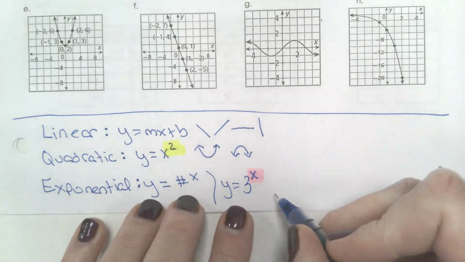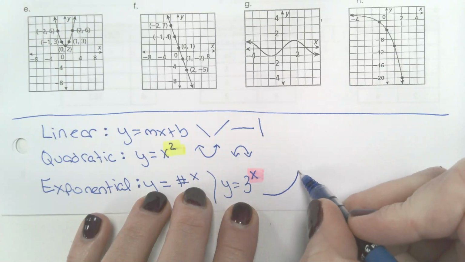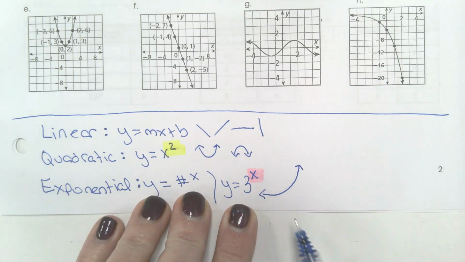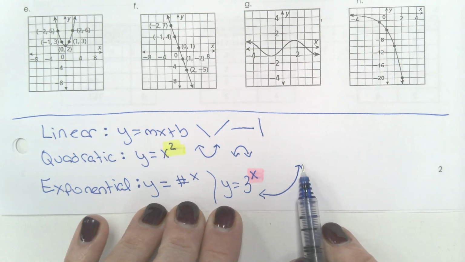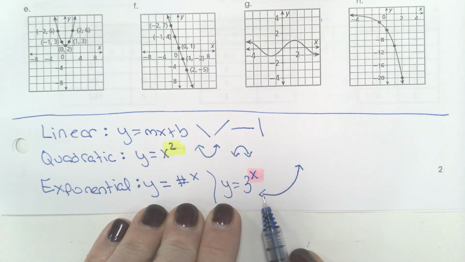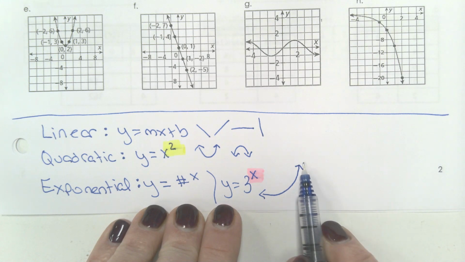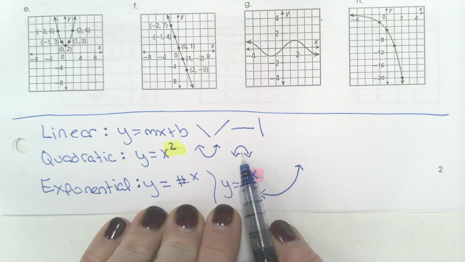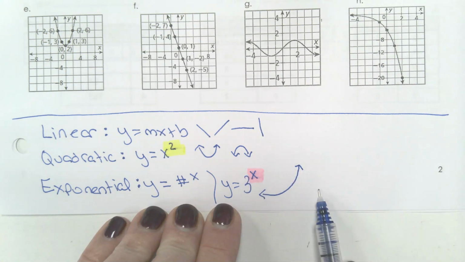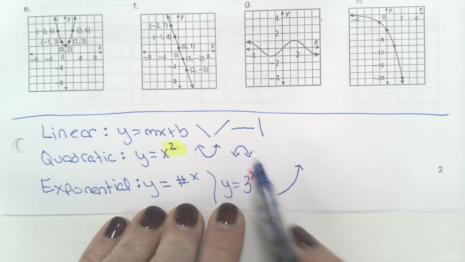Visually, what would the graph look like? It could look like this, where it's kind of flat on one side, and then it opens up quickly. This is what exponential growth looks like. Just like this quadratic, when it opens down, that has a negative.